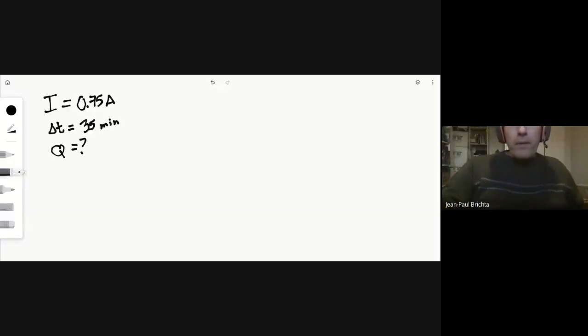Okay. So let's look at this problem. I've gone ahead and written down the information that we were given, our current, our time, and the thing that we're required to find, which is in this case our charge. So I want to go back and use the equation that I introduced a moment ago, that definitional equation.